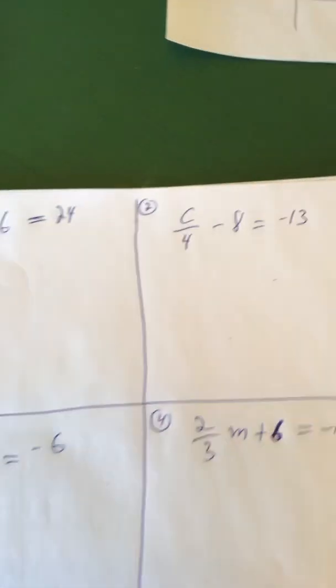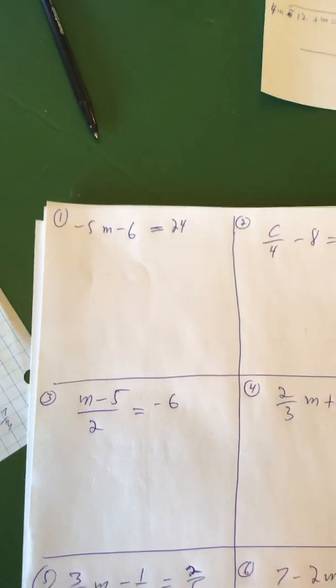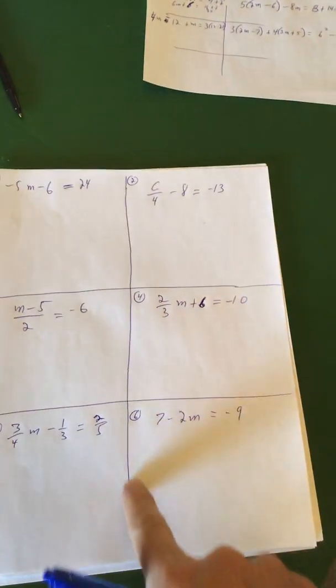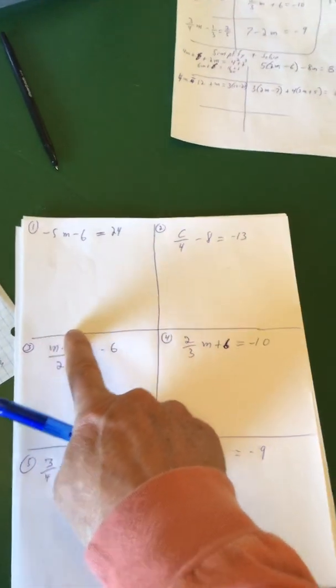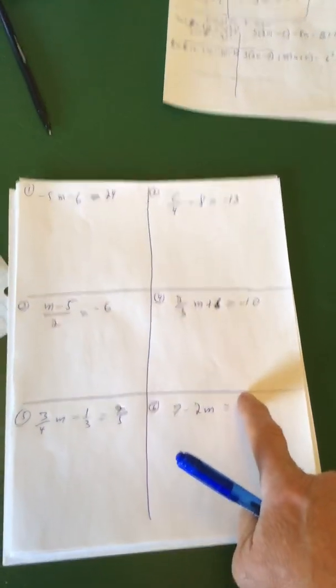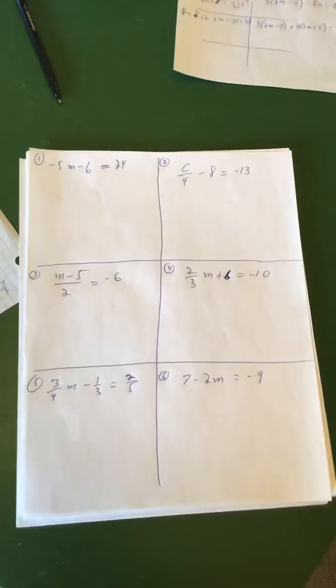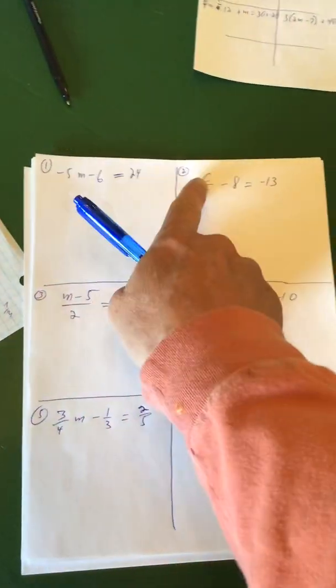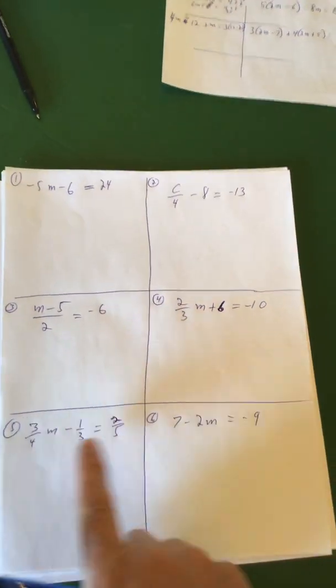So, solving two-step equations. Cut your paper down the middle, and then in thirds horizontally to make 6 equal sections. Number them 1, 2, 3, 4, 5, and 6.